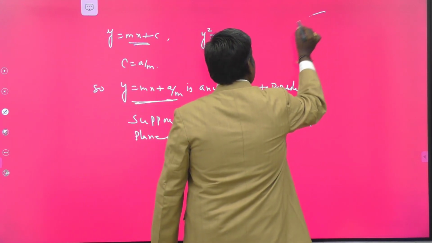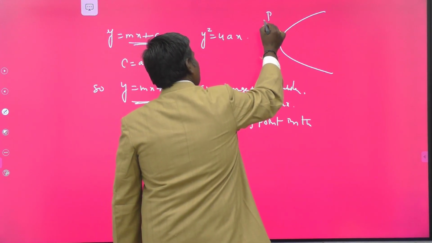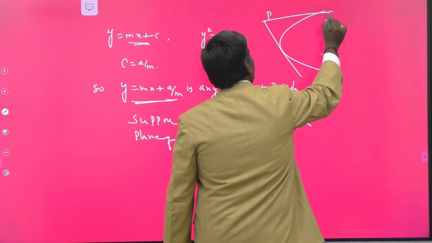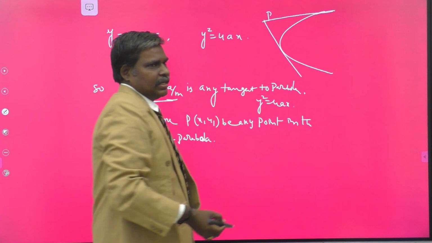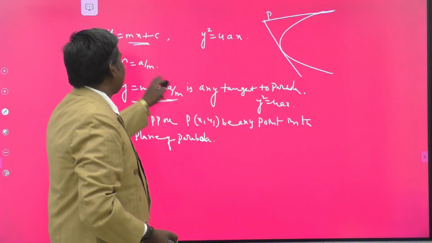Suppose your parabola is like this, your some point is in the plane of the parabola. We have to check whether there are two tangents or one tangent or no tangent to the parabola. That's why I am taking any general tangent to the parabola.